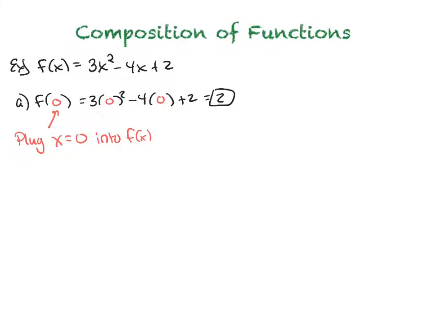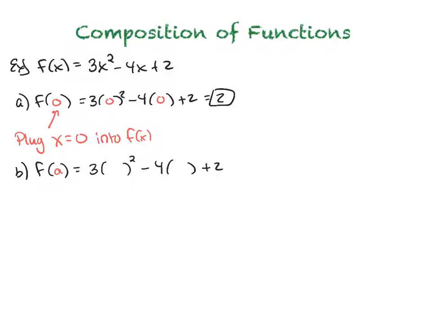Okay, let me do one that's a little bit more challenging, because hopefully you remember that one. Let's say I asked for f of a. Okay, so in f of a, everywhere we see an x, we're going to replace it with a.